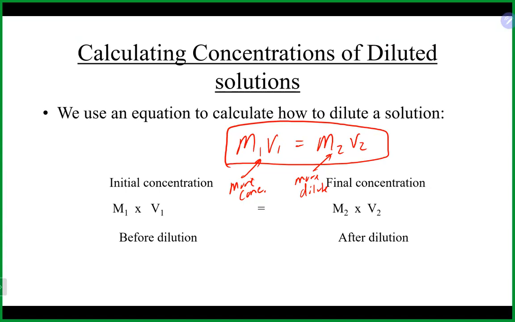For example, if you were going to solve for M2, it would be M1 V1 divided by V2. In this case, if you did molarity times milliliters divided by milliliters, they cancel out and you'll be back to molarity. So if you're going to use a dilution equation, you can use it in milliliters.